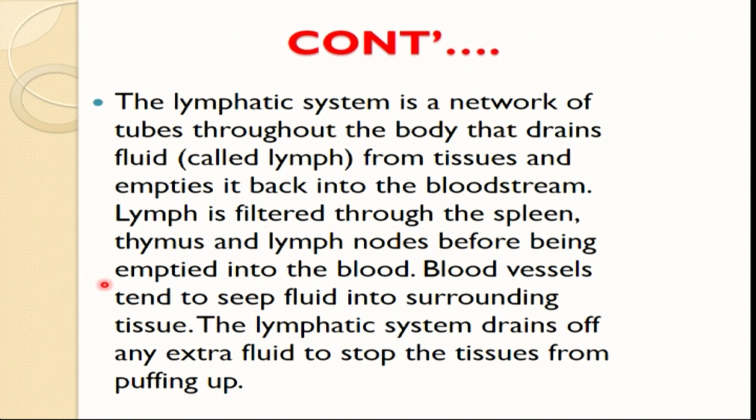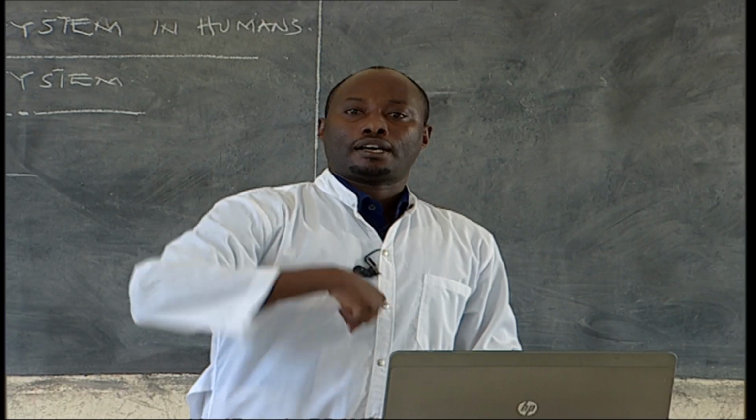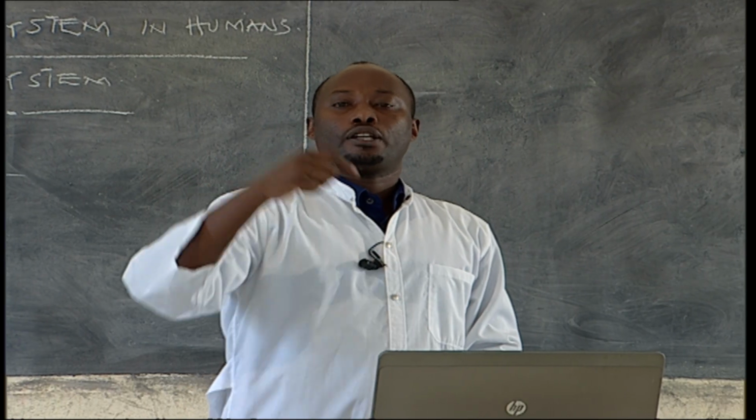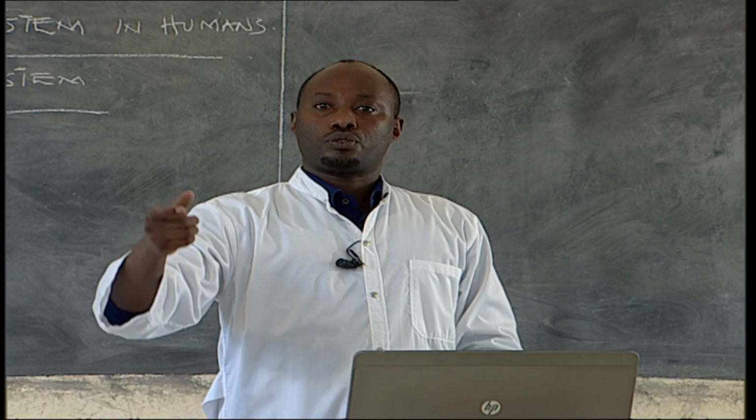Some of you have seen a drainage system in swamp areas where water is drained back into the river, or in marsh areas where people are cultivating rice. Water is not released just anyhow; it has to be returned back. So the lymphatic system is able to return the lymph fluid into the bloodstream when the bloodstream has less fluid.